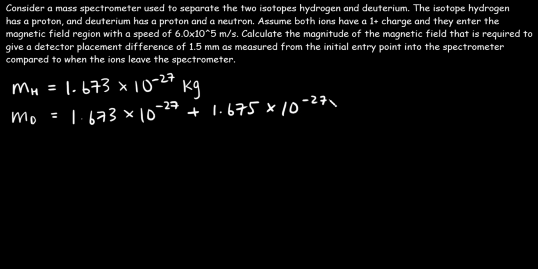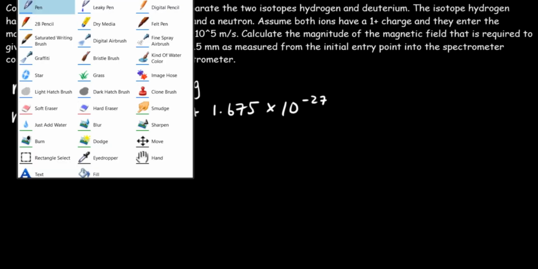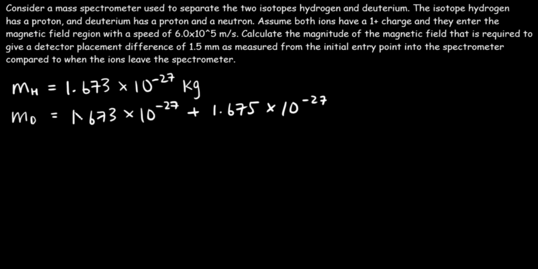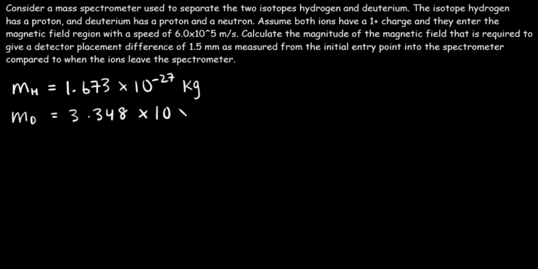To make things simpler, I'm going to type this in my calculator. Once you get your answer, you can replace this with what you got. What I got was 3.348 times 10 to the negative 27 kilograms. That is the mass of deuterium.